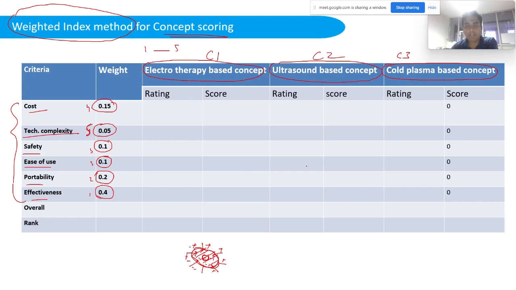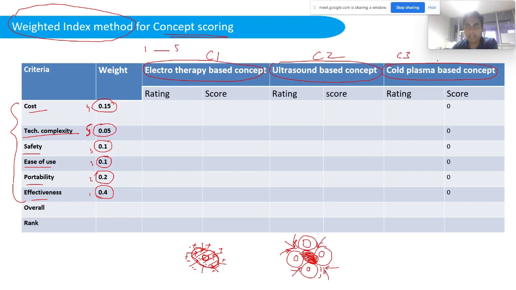Similarly, ultrasound based devices do not have much clinical evidence, but many researches show that when you use some sort of ultrasonic vibration in the surrounding area of a wound site, because of those vibrations and the frequency, there is a movement of microbial actions and cellular movements, and because of that there is faster healing of chronic wounds.